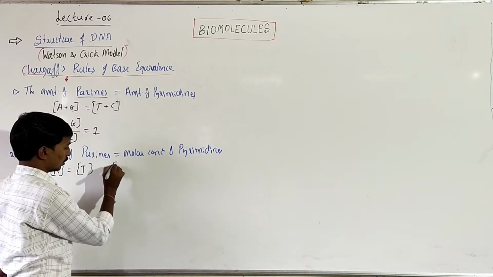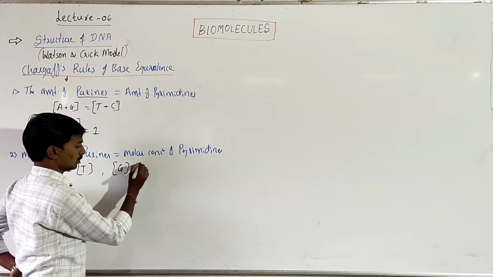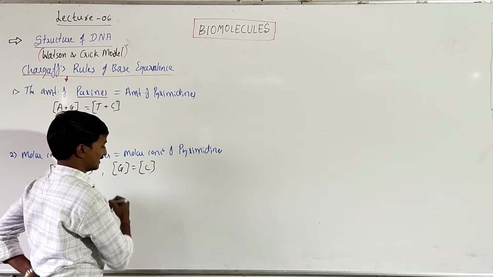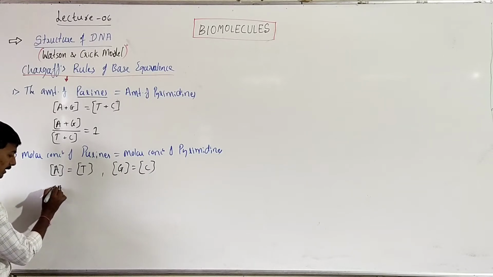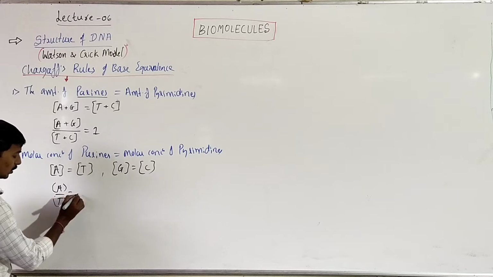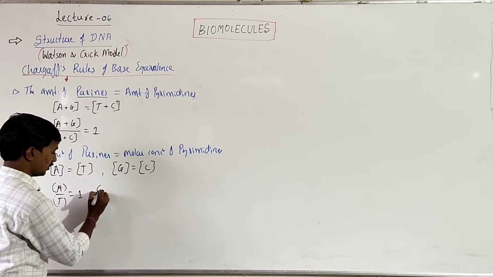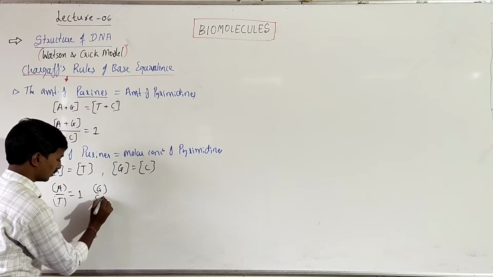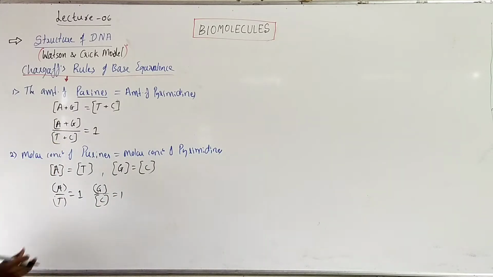Similarly, the molar concentration of guanine is always equal to the molar concentration of cytosine. Or else A by T equals 1, or else G by C equals 1. So concentration will be equal in both cases.